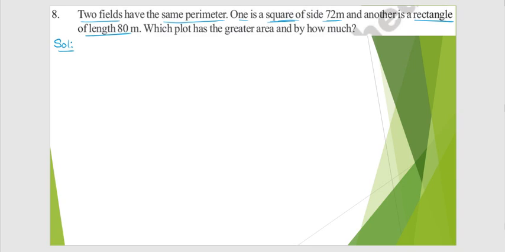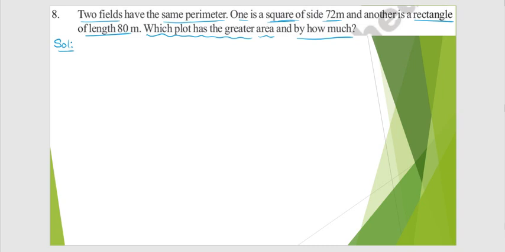To find anything about the rectangle, we should have the breadth also, no? So first of all we need to find the breadth. After that, he is asking which plot has greater area and by how much. So first we need to find the areas, and after that go with the difference. Now first of all, what are the things that are given?